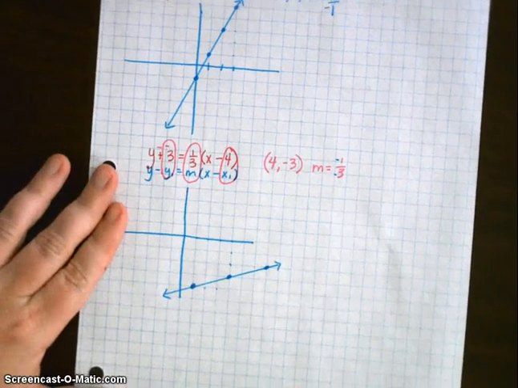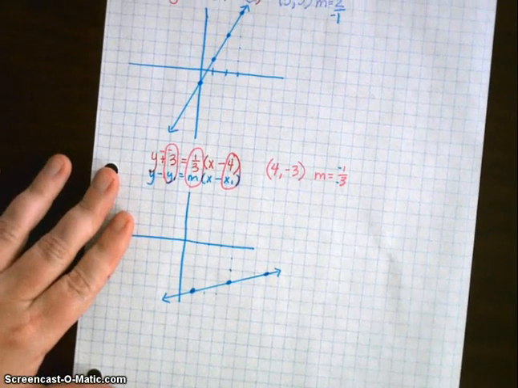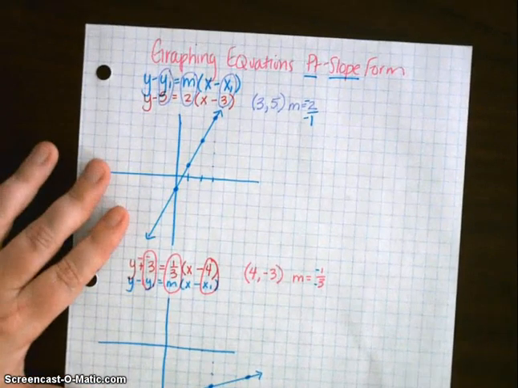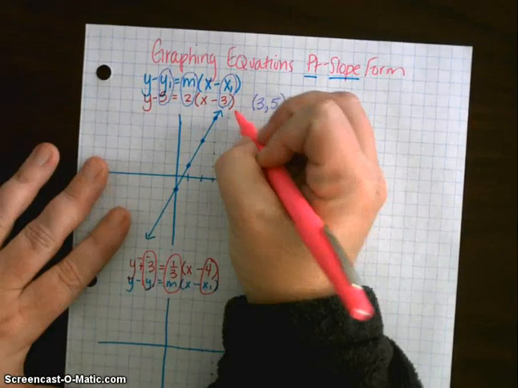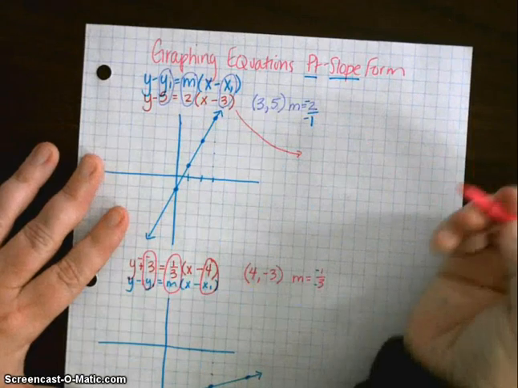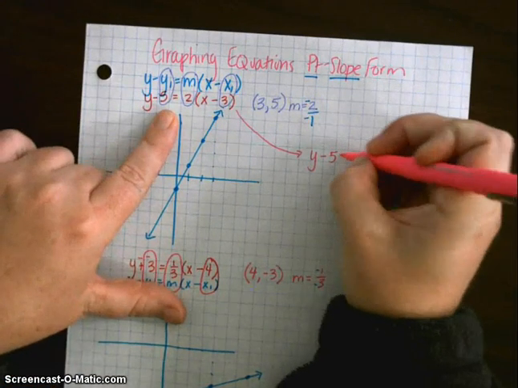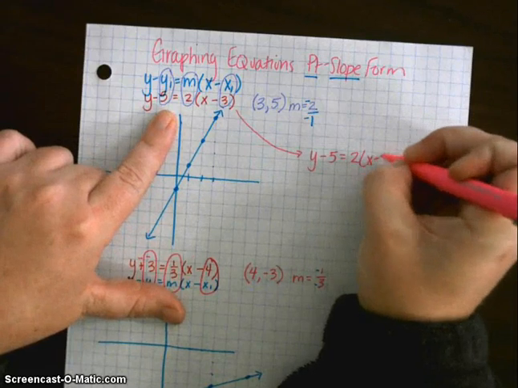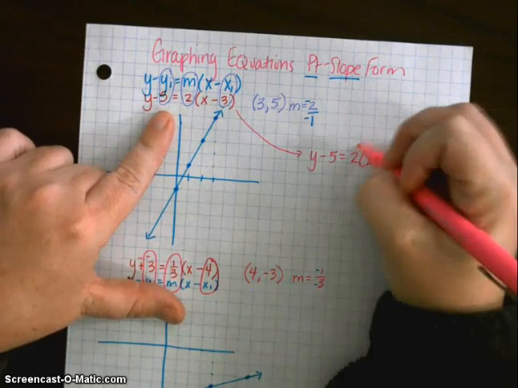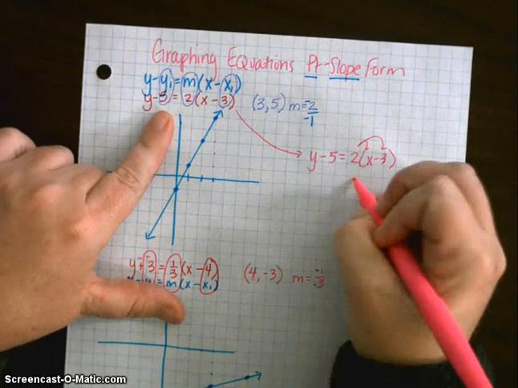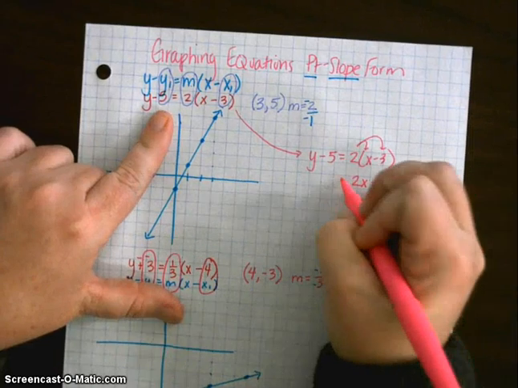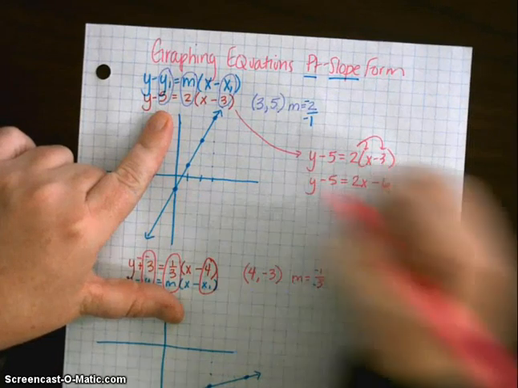One other way of doing this is I could take either one of these equations and solve it for slope-intercept. So if I were to start with this first equation and solve it for slope-intercept, I would say y minus 5, the same equation, equals 2 times x minus 3. I would distribute, and that's 2x minus 6 equals y minus 5.